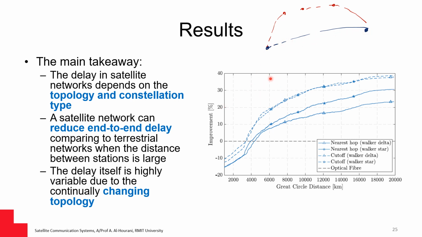Now mind, these are initial and theoretical studies, because you don't have a fiber connected between 2 points, but this explores the possibilities. What is the maximum delay saving that we can achieve if we use a mega satellite constellation?